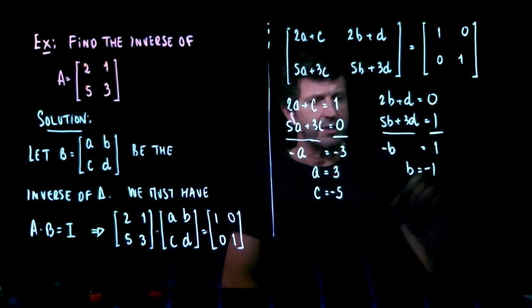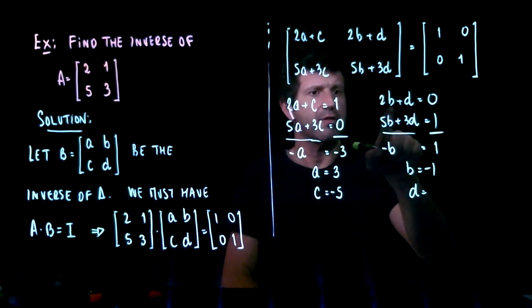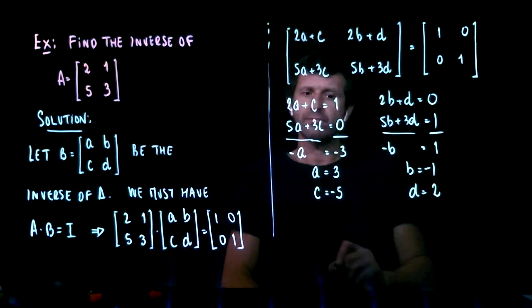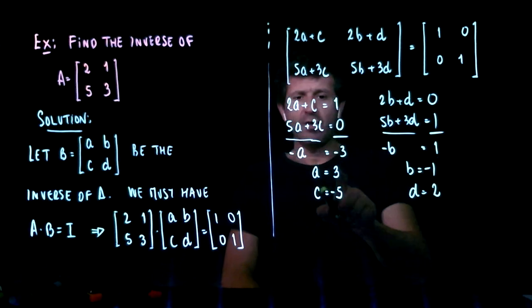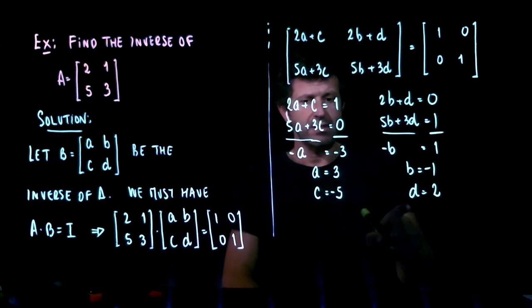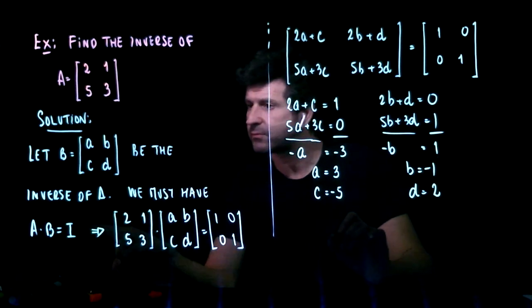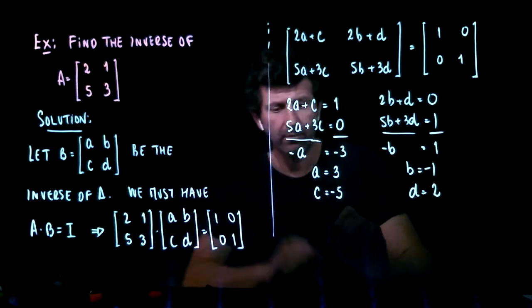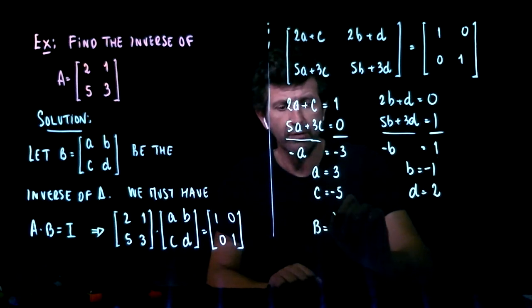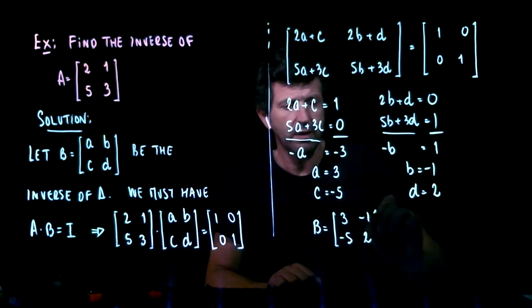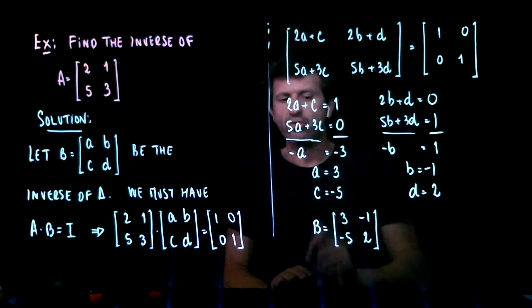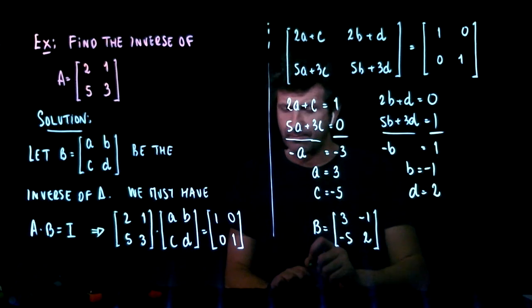And if b is negative 1, then d is 2. And here I get my matrix a, b, c, d. Very simple. So matrix B is equal to 3, negative 1, negative 5, 2. And there you go. This should be the inverse of A.